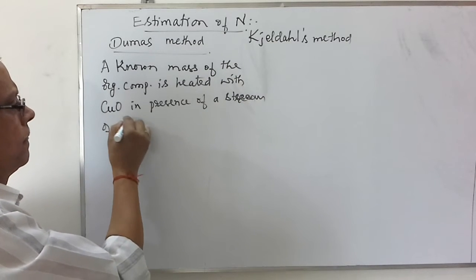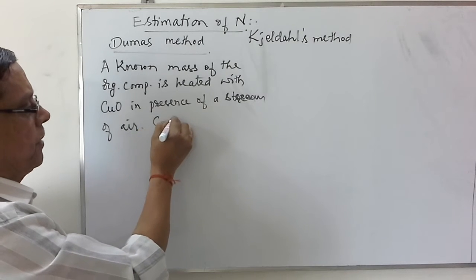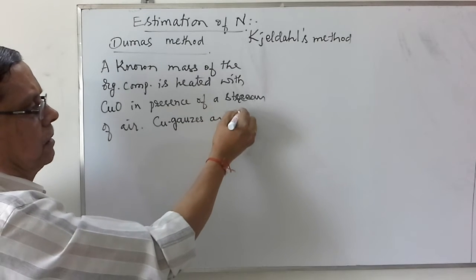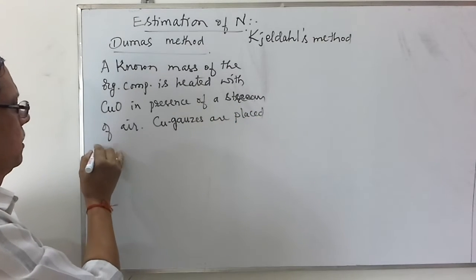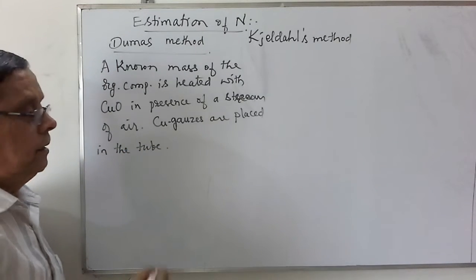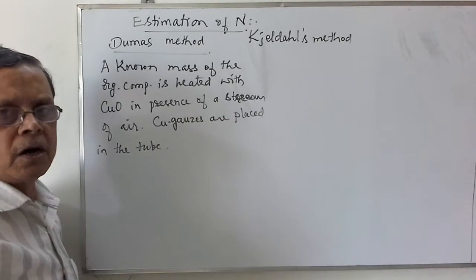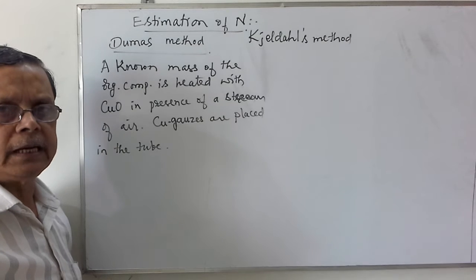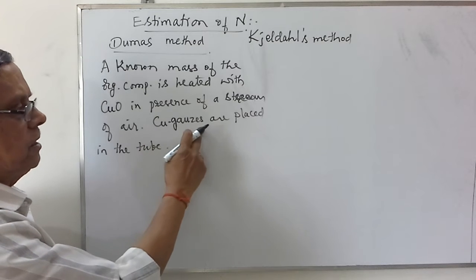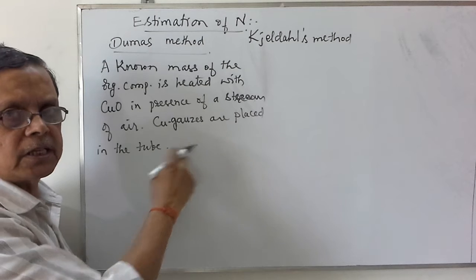And copper gauzes are placed in the tube. If the nitrogen is converted to oxides of nitrogen, maybe nitrous or nitric oxide, nitrogen dioxide, nitrogen trioxide, etc., then all these oxides of nitrogen are reduced to nitrogen gas by this copper gauze.